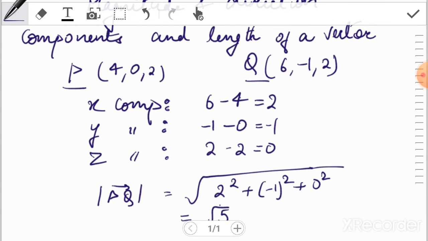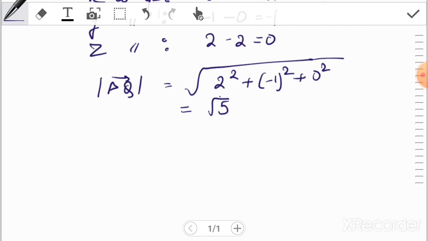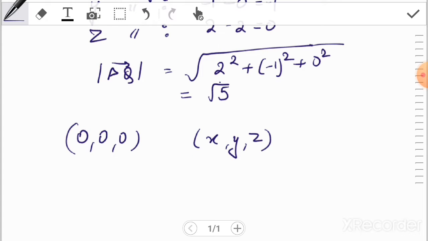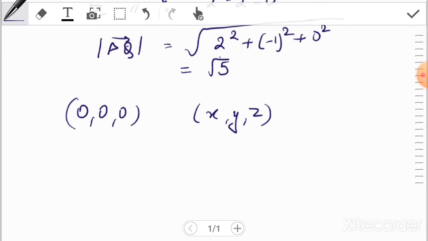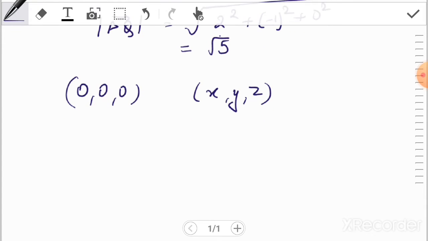So if we choose the initial point as origin and the terminal point as x, y, z, then we can determine each point in space by a vector, and this vector is called the position vector.